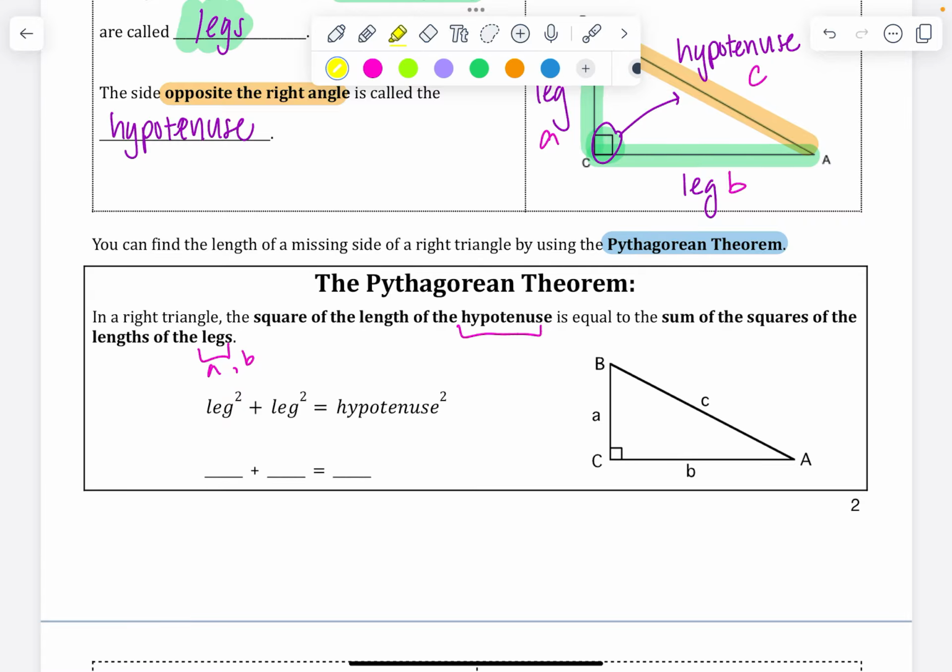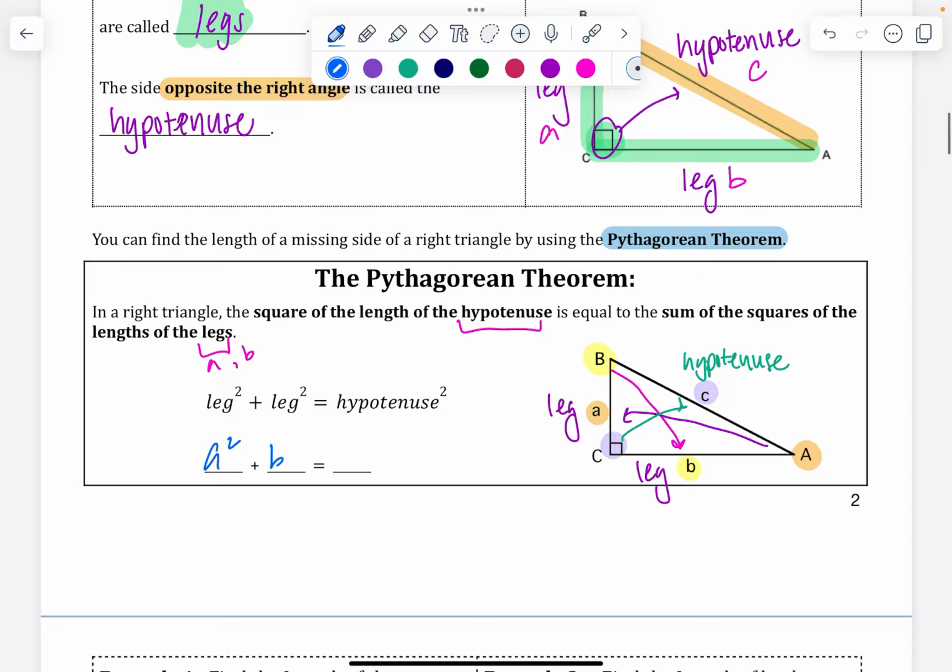So if I'm looking at my angles, here's angle B. Across from angle B is side B. Right, here's angle A. Across from angle A is side A. Right, here is leg B. Here is leg A. And then across from my right angle, that is my hypotenuse, side C.